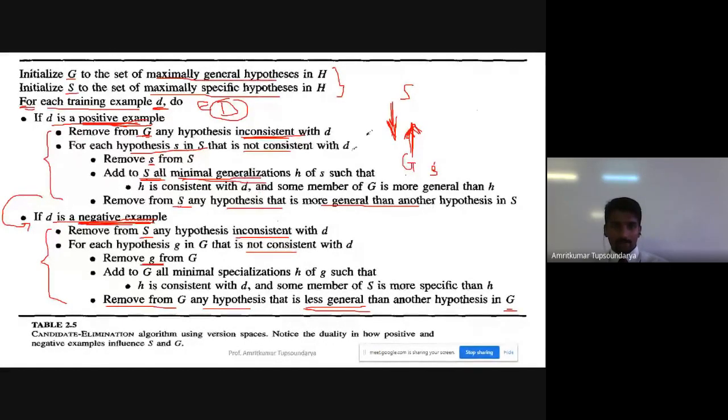And at the end we remove the hypotheses from S which are more general. And at the same time, when we encounter a negative training example, we do exactly the reverse of it. So when we encounter a positive training example, we move toward generality, and when we encounter a negative training example, we move toward more specific, right?